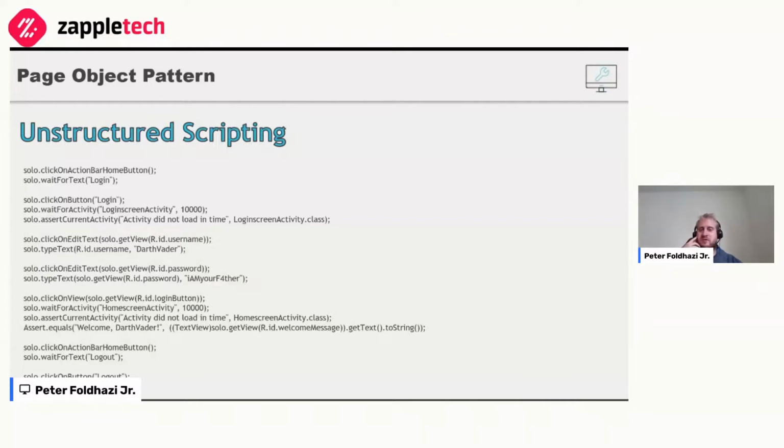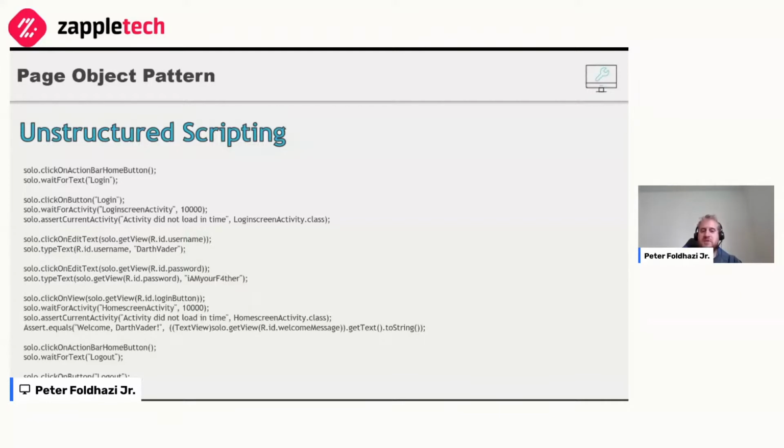Probably at first you don't know what exactly this is. Eventually you will figure out that this is a test case and a successful login scenario. But you need maybe a couple of minutes to really figure out what's going on, what are the different steps that you are taking. So this is not really intuitive when you look at it.